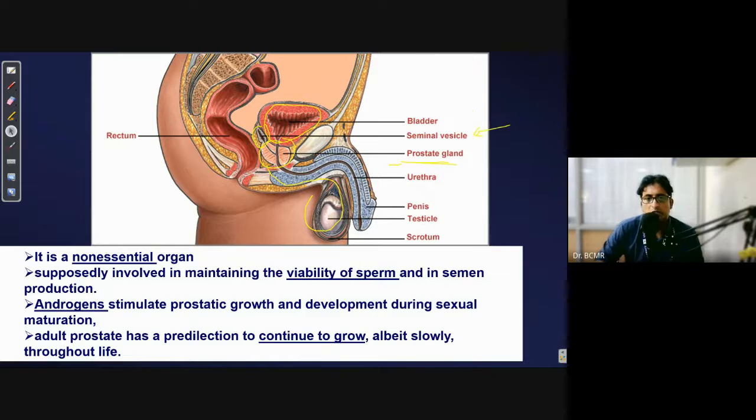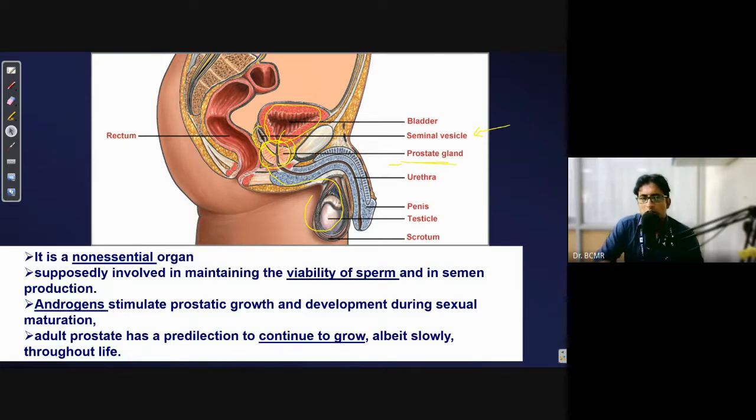The prostate gland is present here at the junction between where the sperm and the urine share the same outlet, and that is where it is located.